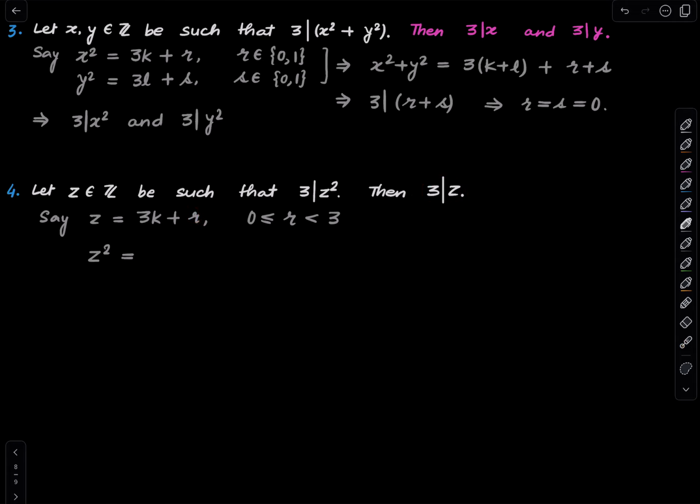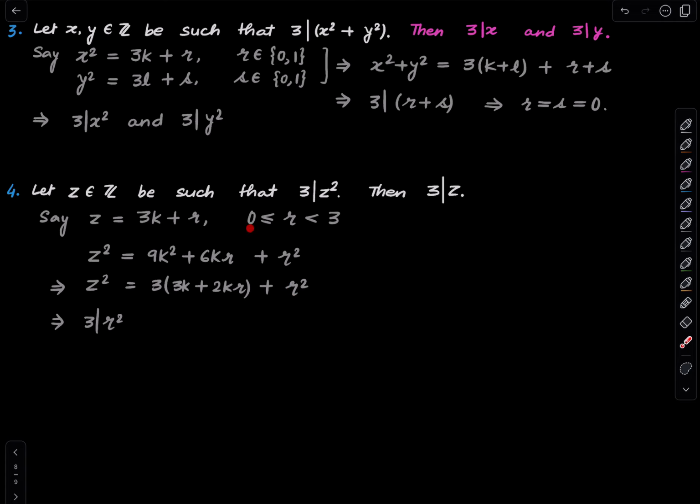So what is z squared? z squared is 9k squared plus 6kr plus r squared, which is 3 times some garbage plus r squared. Again, z squared is divisible by 3. This is of course divisible by 3. So therefore r squared is divisible by 3.